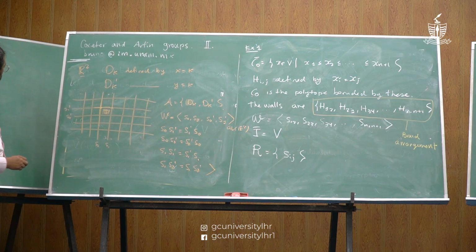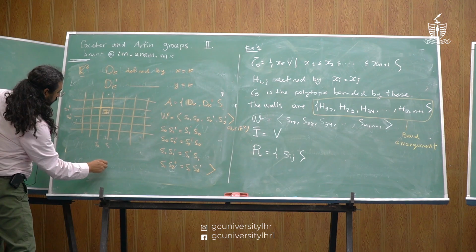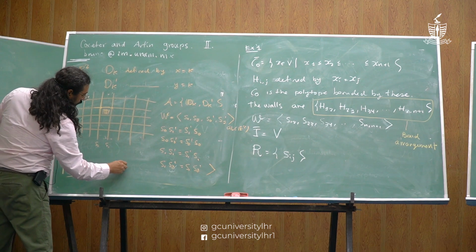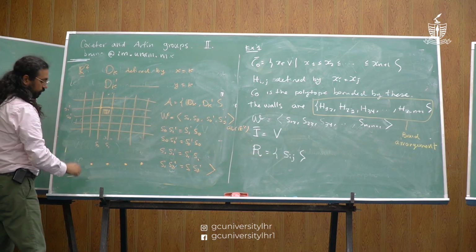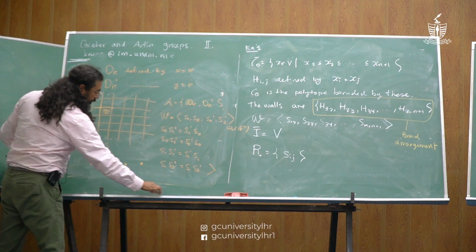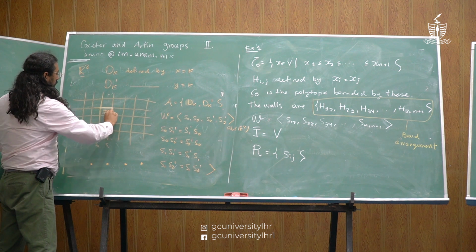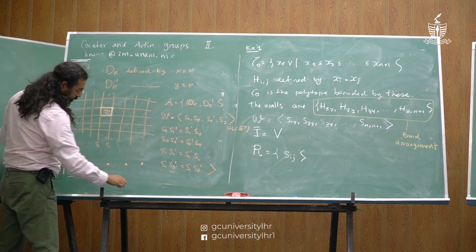And when I write it as a Coxeter group, then it will look something like this, no? I have 4 generators that are the walls that surround the fundamental chamber.